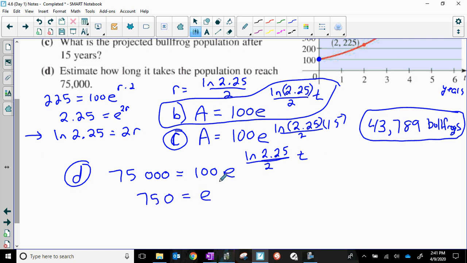Or we're trying to figure out how much time does it take for it to get 750 times bigger. So if I saw that and recognized that and started thinking that way, I would just do the natural log of 750 and divide by my rate, and I'd be done with the problem. But if you want to go and solve the equation, you can go do that every single time.